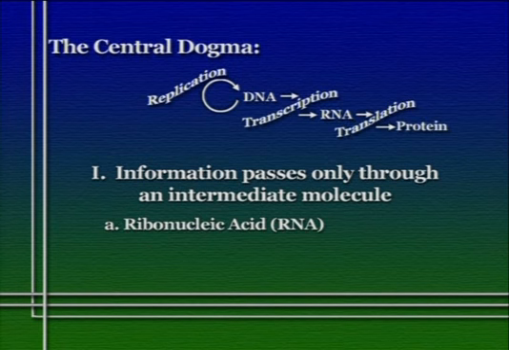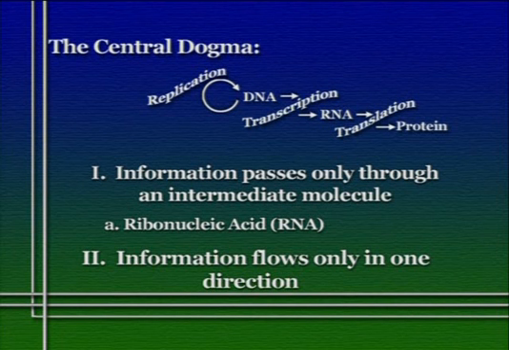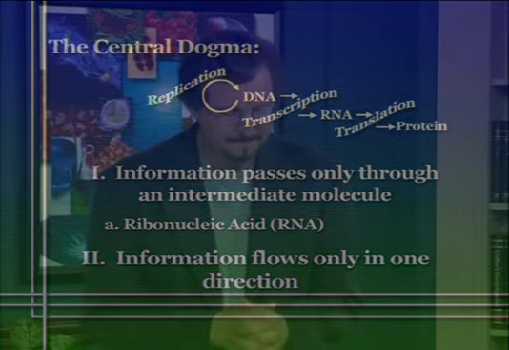The second point embodied in the Central Dogma is that information flows only in one direction, from DNA to RNA to proteins, and never back in the other direction. Crick put it this way, and I'm quoting him here: once information has passed into protein, it can't get out again.